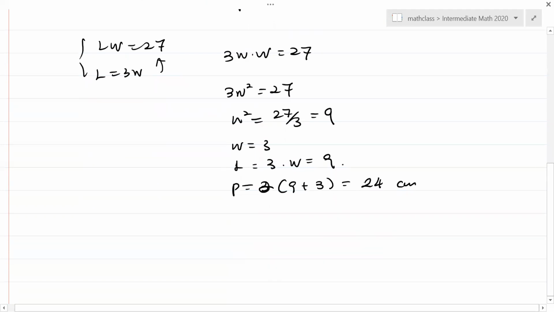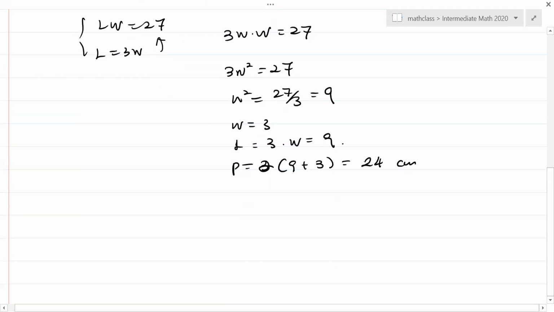All right, so this is about rectangles. Now, rectangles also have other types of problems we usually ask. For example, suppose the length is increased by a certain percentage, and the width is decreased by a certain percentage, and we want to know how much the area changes.